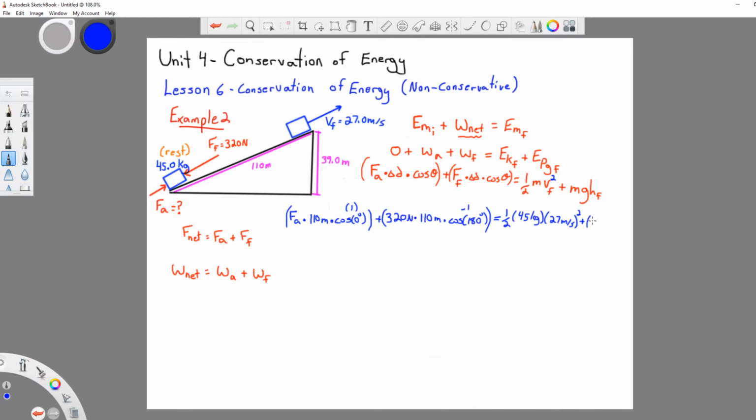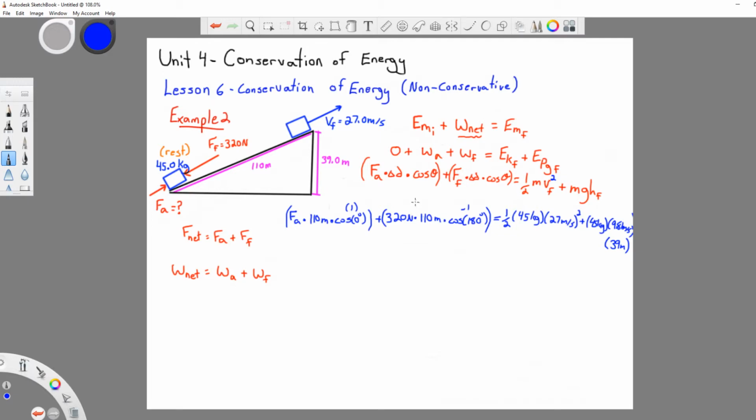So this is going to be mass 45 kilos times gravity, 9.81 meters per second squared. Times height, which is 39 meters. Couldn't quite fit it all into one line, but that's okay.